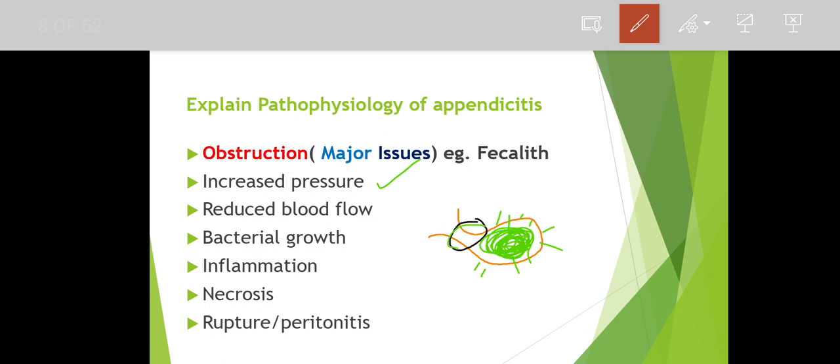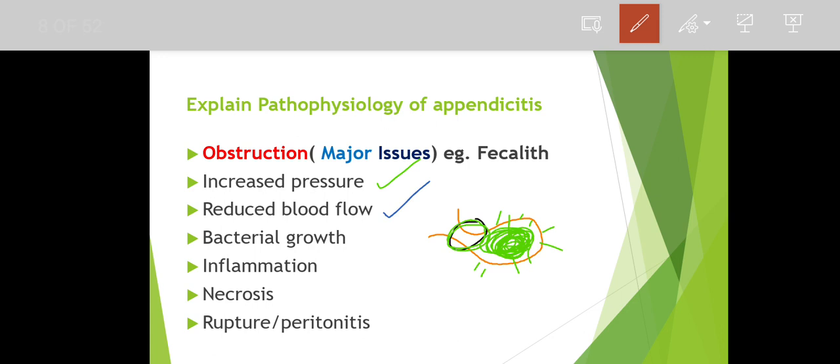And due to this obstruction and increased pressure, there is going to be reduced blood flow. So now, when blood flow has been reduced, it's a process of stasis. Whenever there is stasis, there is bacterial growth. Bacteria find it peaceful developing in those particular areas.